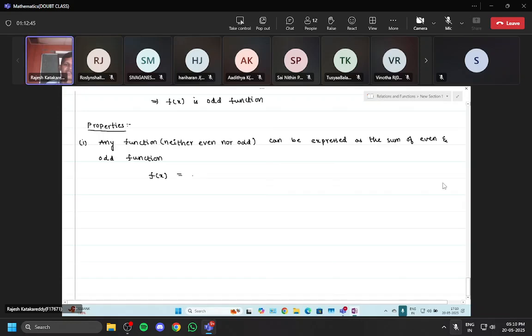For this f of x, we write f of x as f of x by 2 plus f of x by 2. Now for the first one, maybe you write this as 1 by 2 into f of x plus f of x. Now inside the bracket, we are adding f of minus x, we are subtracting f of minus x.